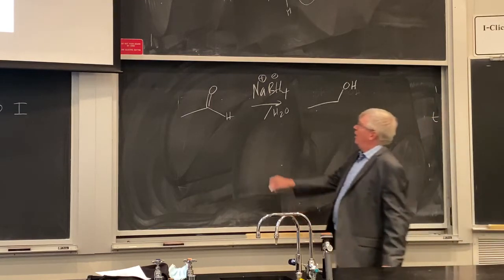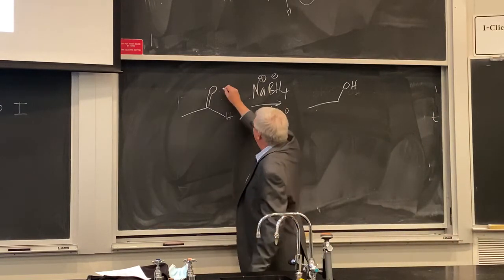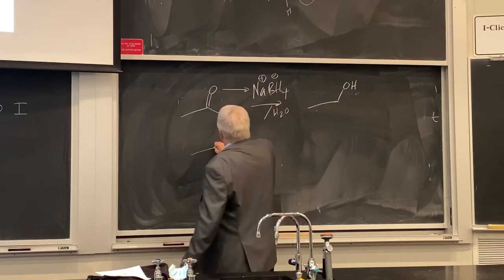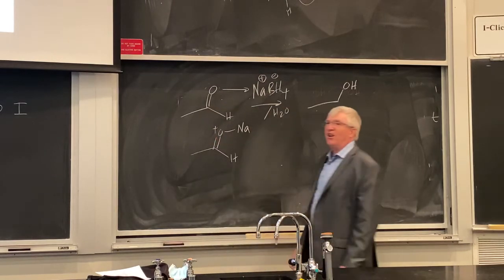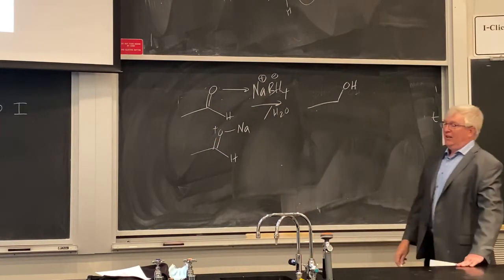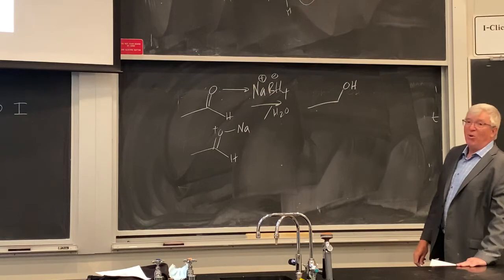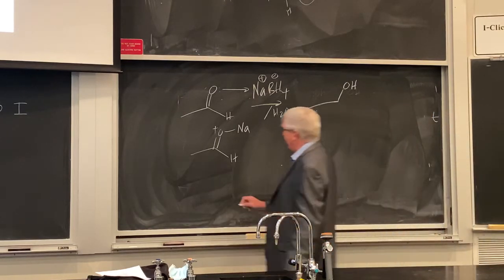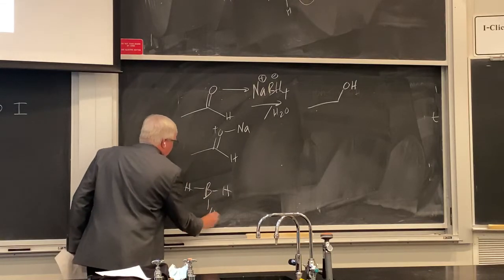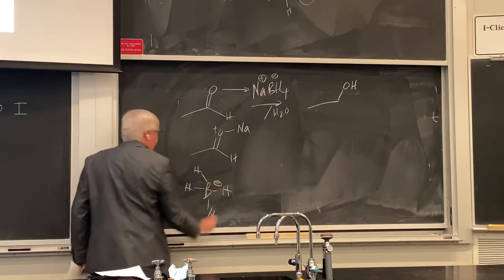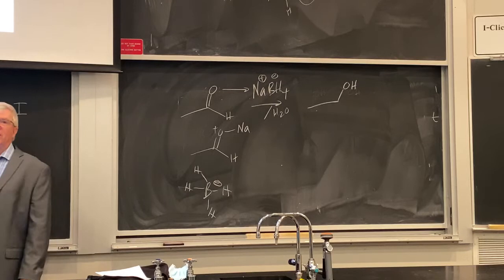What can we do there? Well, let's have the lone pair interact with the sodium and form a Lewis acid complex. Now, if it does that, now your charge is on oxygen. That makes that oxygen now more susceptible to nucleophilic attack. Where's the nucleophile? It's the borate. Okay. Negatively charged, 4 bonds to hydrogen.